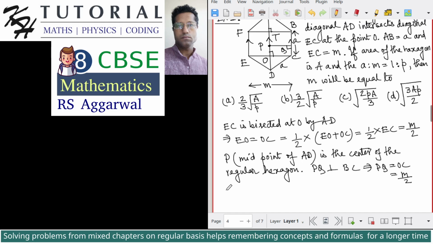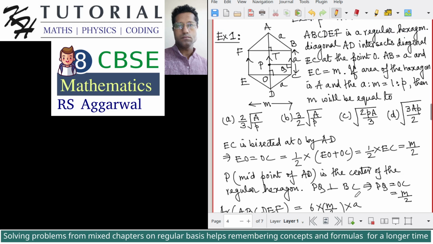So now we can say that the area of the regular hexagon ABCDEF will be equal to, we know the formula, n, the number of sides, which will be 6, h, the height of the perpendicular from the center of the polygon to one side, which in this problem is m by 2, and a is the length of each side of the polygon, which is small a.